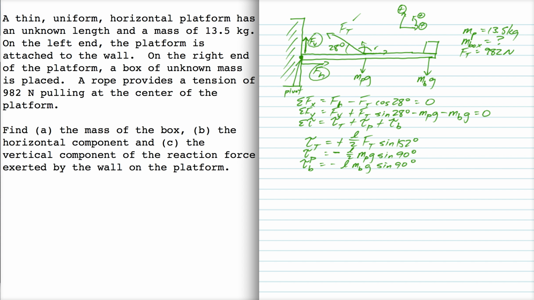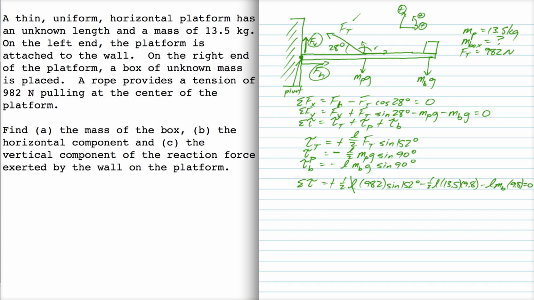So if I sum all of my torques, I get plus 1/2 L times the tension force times sine 152, minus 1/2 L times the mass of the platform times g, minus L times the mass of the box times g equals 0.